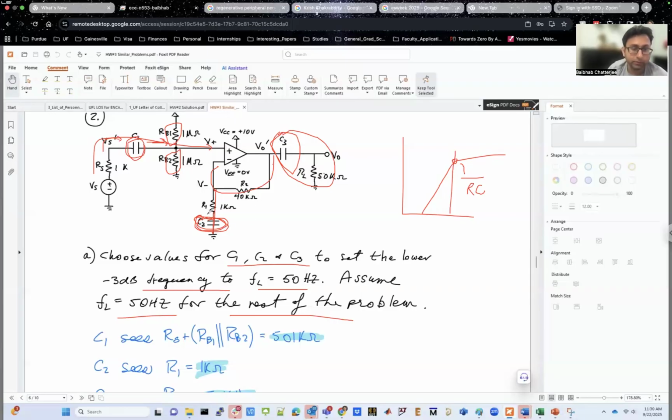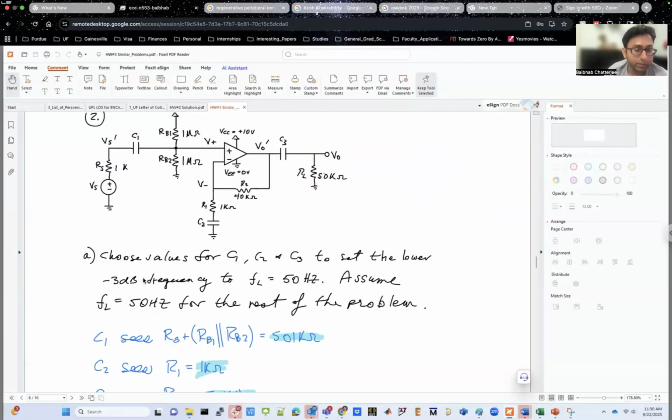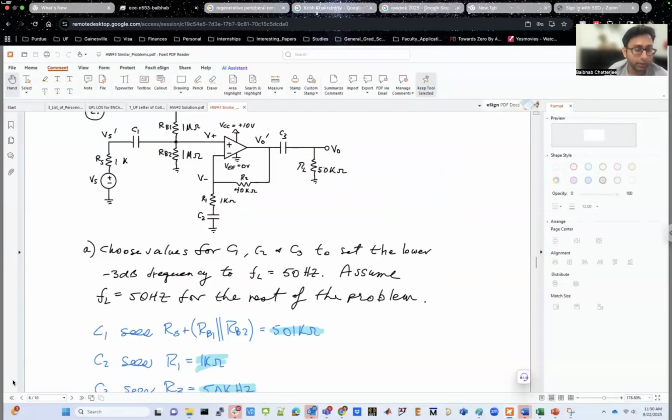So all three of them, C1, C2, and C3, create some kind of a high-pass filter pole, right? 1 upon RC. The way you analyze this is look at each of the capacitors one by one.